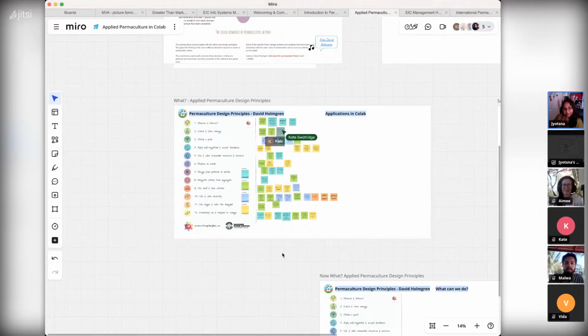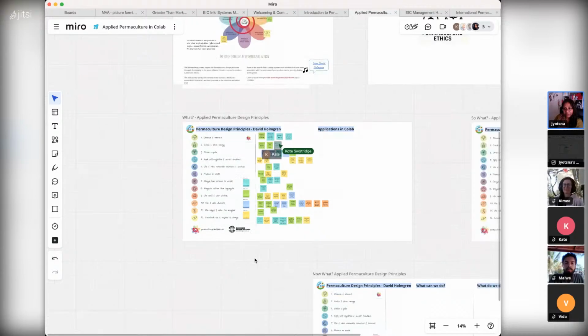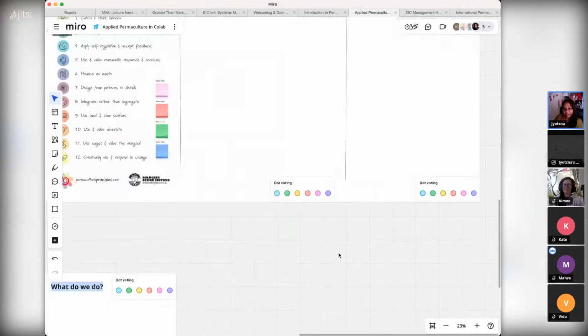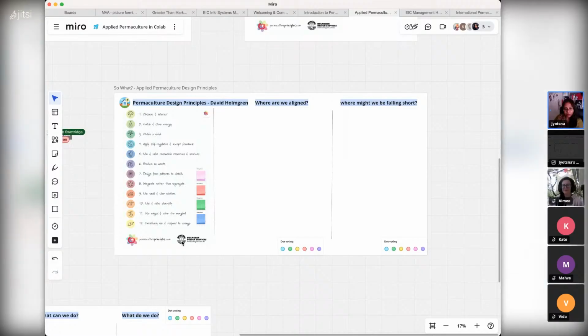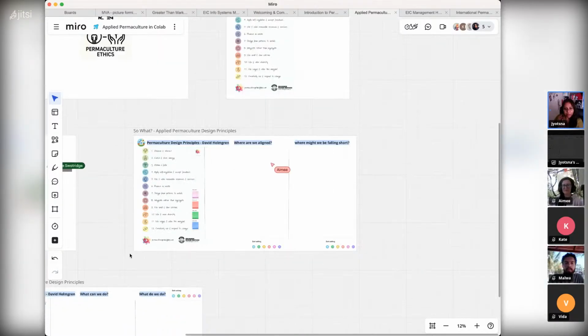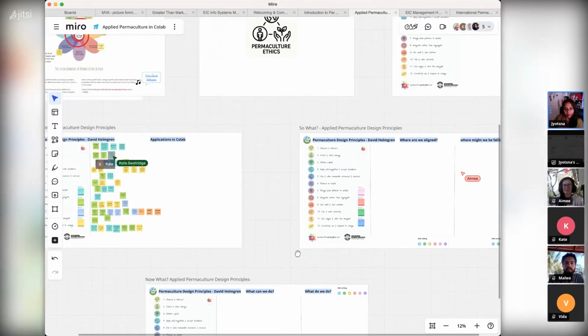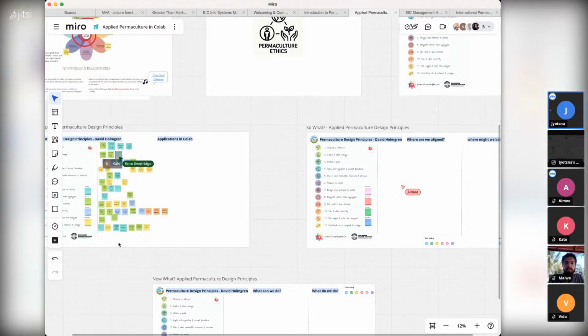Thank you. So the next frame is our so what, and a couple of things to look for. You would probably have to go left to right, look at what's on the left-hand screen of the what, and as you think about those, think about how you are aligned in that principle in a particular situation.